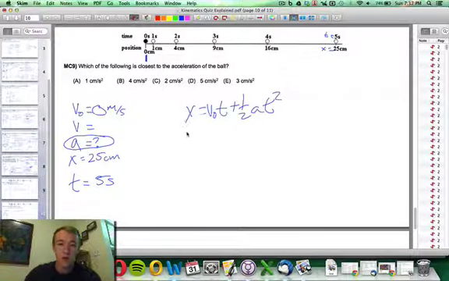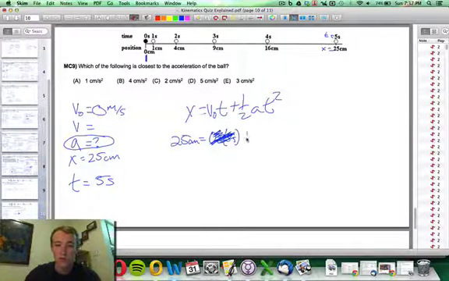right there. So the final position is 25 centimeters. The initial velocity is just 0. Time is 5 seconds. This whole thing is going to go to 0 because 0 times 5 is 0. Plus 1/2. I want to find acceleration and a time of 5 seconds. And we're squaring those 5 seconds.